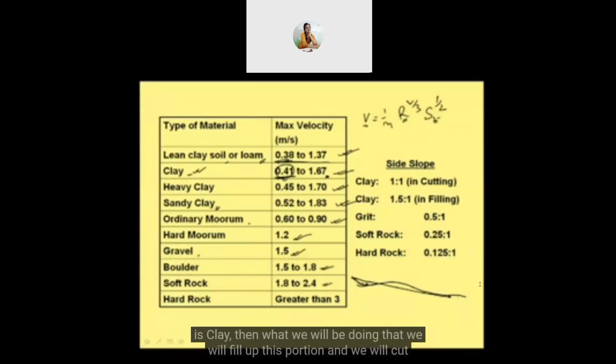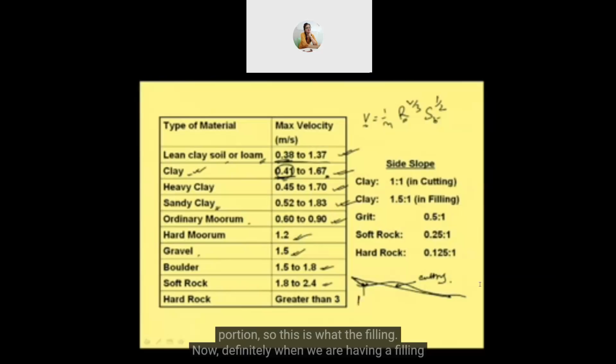Then what we will be doing is, we will fill up this portion and we'll cut this portion. This portion is under cutting, and this material that we will be getting by cutting can be filled up here to get the filling portion. Now definitely when we are having a filling portion here, the clay, although it is clay material, will be in a little loose state.